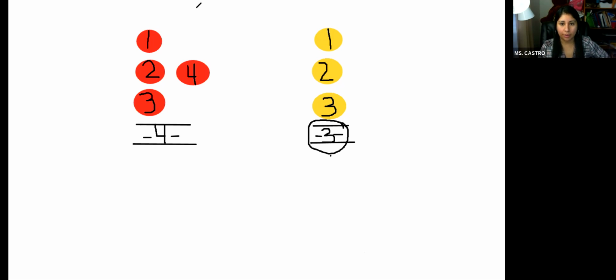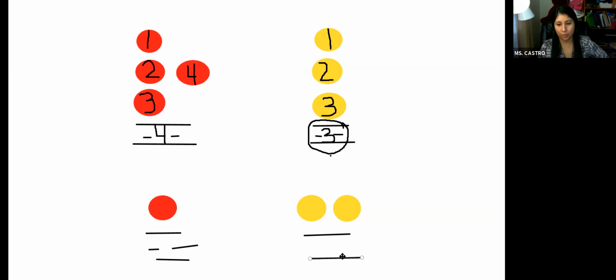All right, and then I'm going to get ready for the next one. And this is the last problem. All right, now we're going to count and label how many red we have, and then we're going to count and label how many yellow we have. So let's look at red first.